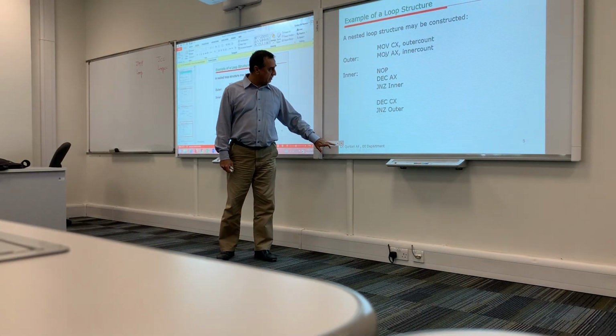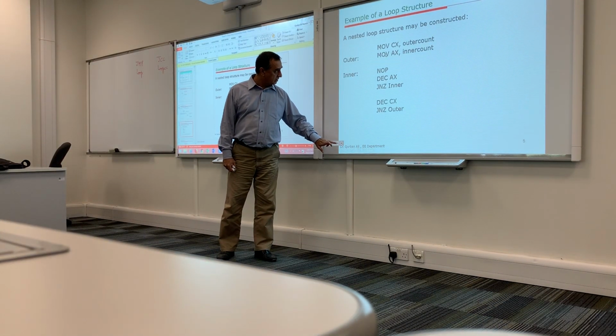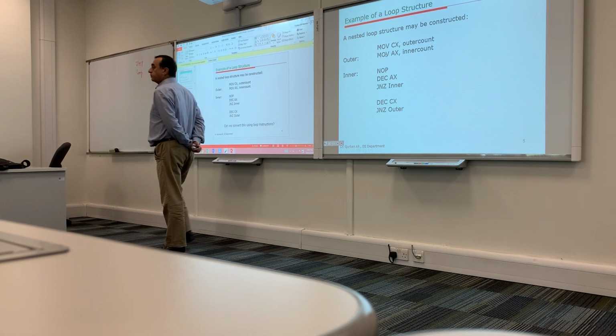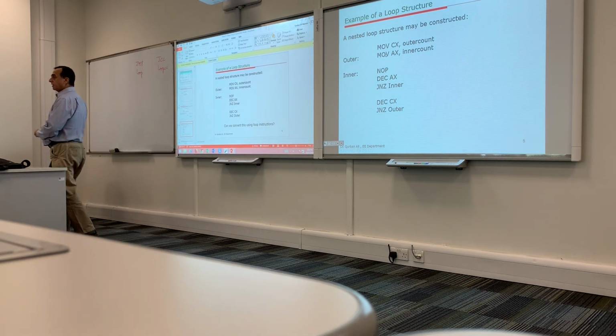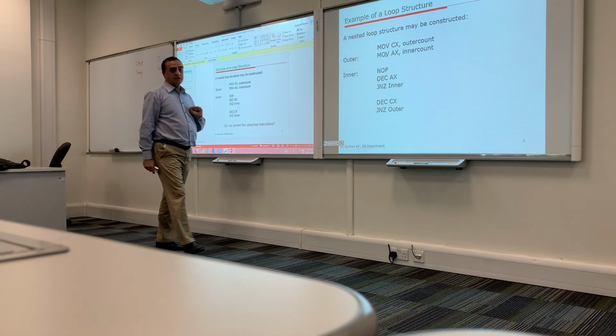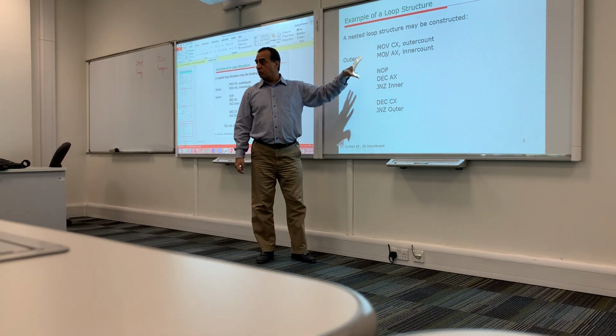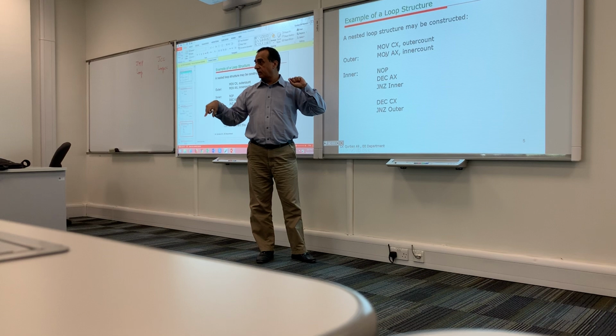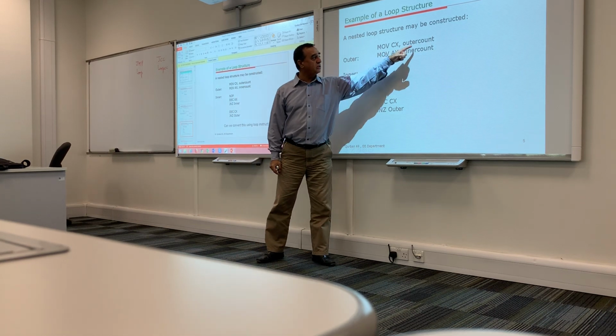Now, how about this one? In computer programming, do you remember a loop within a loop? What do we call it? Nested loop. That means within one loop, you also have another. The same thing you see here. Since there are two loops, a smaller one inside the other one, you see two counters.